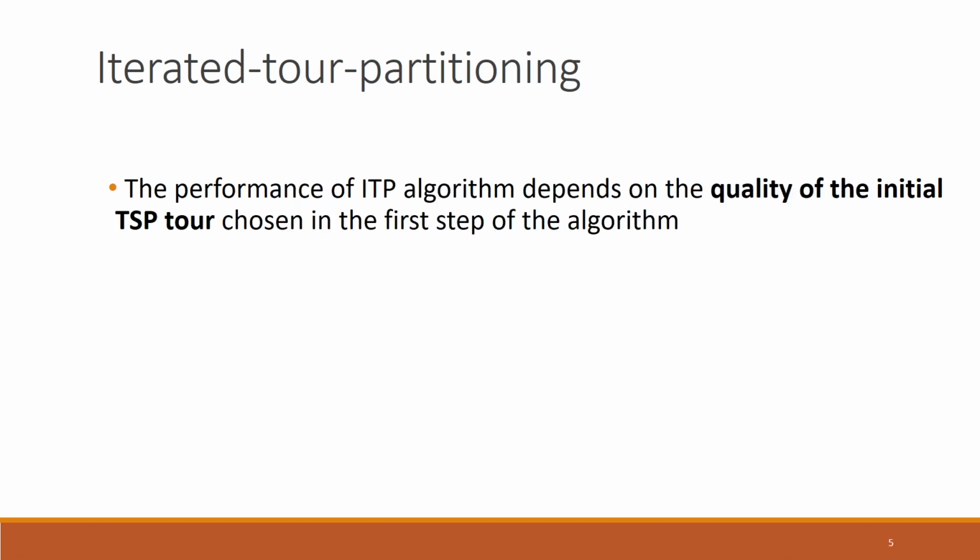One thing to think about is that how good a solution this ITP algorithm gives will depend upon how good your initial TSP tour is. All of the solutions that you generate depend upon this initial TSP tour, because you are only segmenting this tour in a particular way every time.